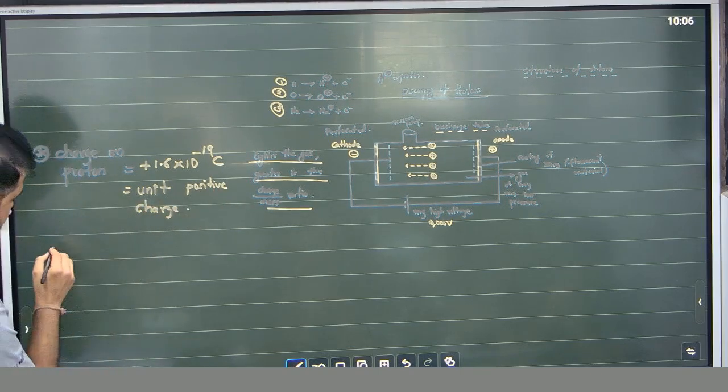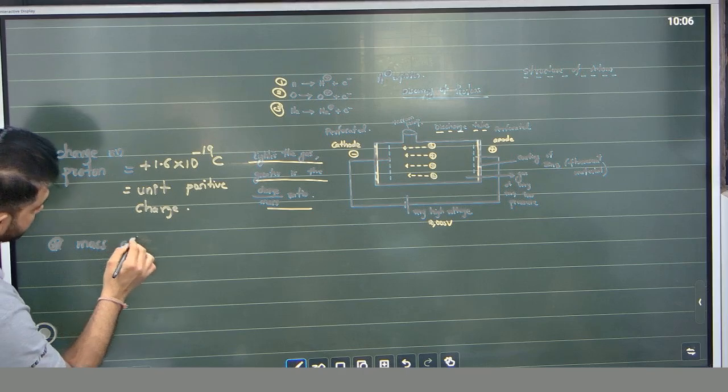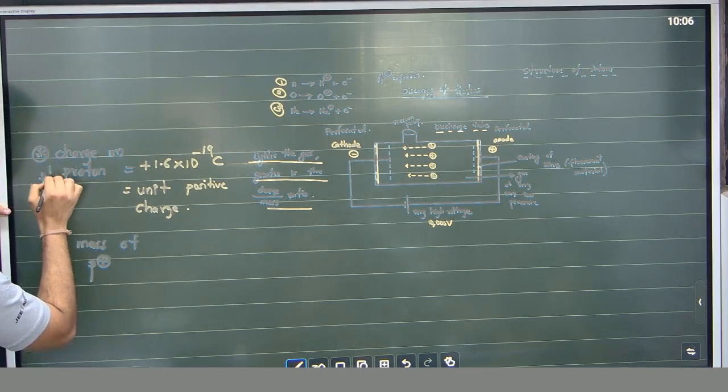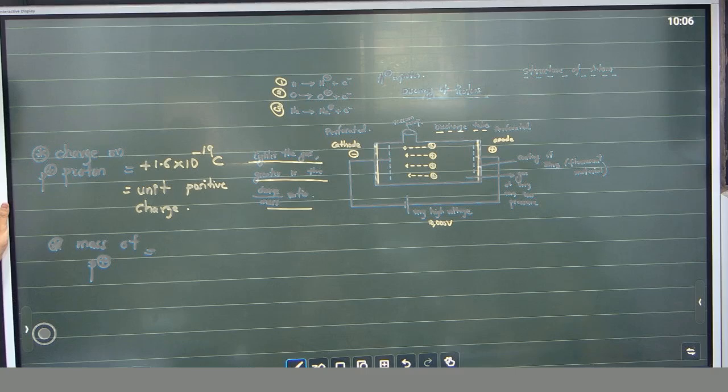Mass of proton. Can someone tell me the mass of the electron? 9.1 into 10 raised to minus 31 kgs.